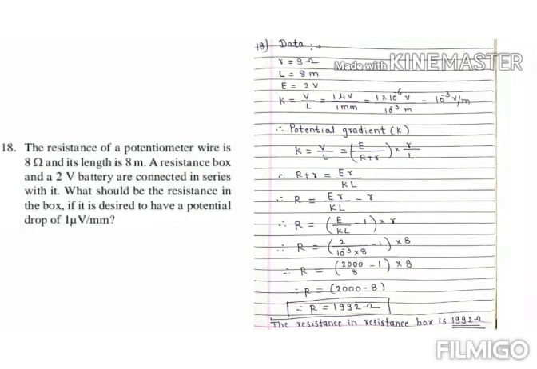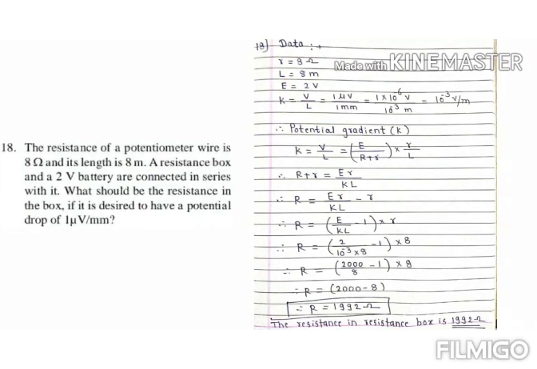Now, the potential gradient K is given by the formula K is equal to V upon L, which is equal to E upon capital R plus small r into R upon L. Therefore, capital R plus small r is equal to ER upon KL.